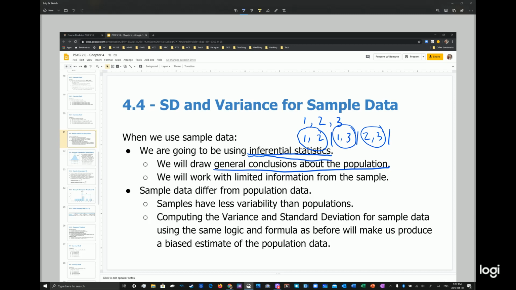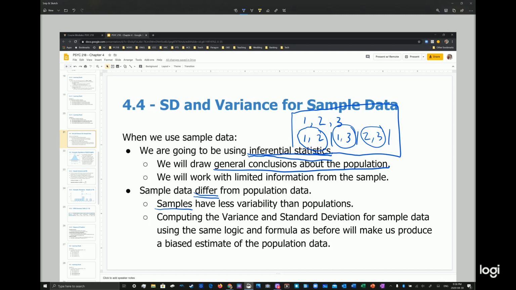And notice here, even with this small demonstration, our sample data is different from population data. So this is the key. Sample data differs, or differ, if we use data as plural, from population data. Looking at the spread here, you can see that in general, the samples would have less variability than the populations. You can see that as well, even by the range.